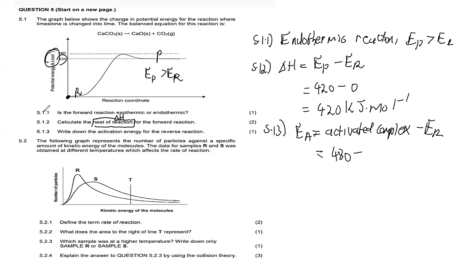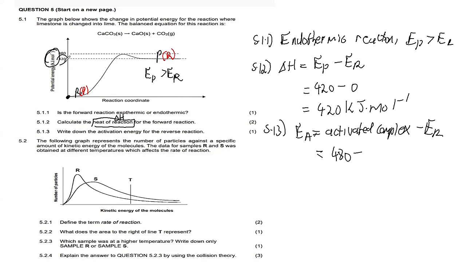If this is the reverse reaction, then our products now become the reactants, and where we had our reactants, we now have the products. Because if we say our endothermic reaction is our forward reaction, then the reverse reaction is exothermic, and obviously we are expecting it to have a lower activation energy.